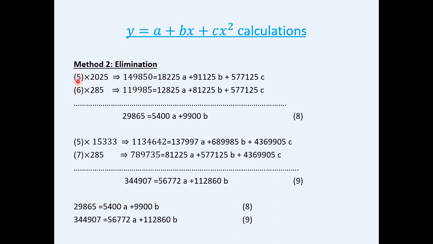Using 2 equations 5 and 6, eliminating the variable C, we have equation 8, equation in terms of A and B. Again using 5 and 7, eliminating the variable C, we will get the equation 9 in terms of A and B. Now we have 2 equations 8 and 9 in 2 unknown constants A and B only.